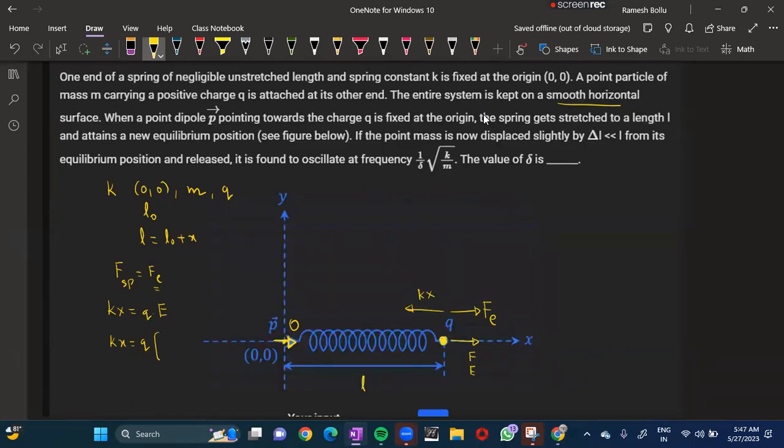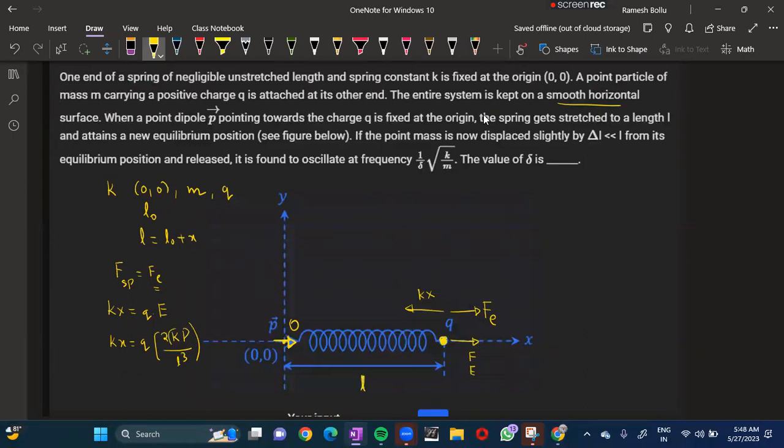Electric field is 2 into K into P divided by R cube. Here, the distance between the dipole and the point means L cube.